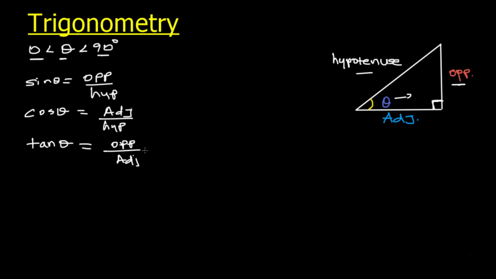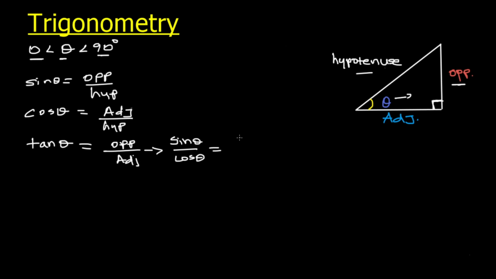So tan theta is also equal to sine of theta divided by cosine theta. And by replacing the sine theta equation up here, we will be able to derive opposite over adjacent at the end.